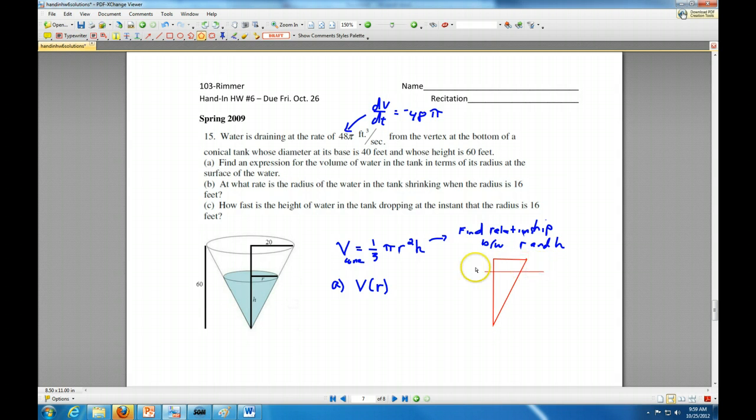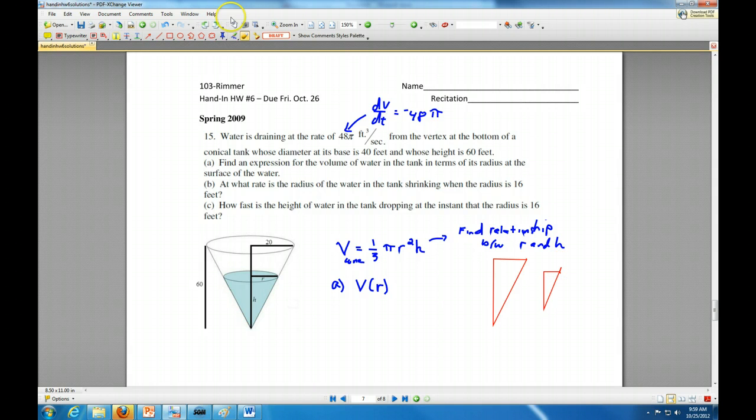In the bigger triangle, we have the 20 to 60, and in the smaller triangle, we have r to h.